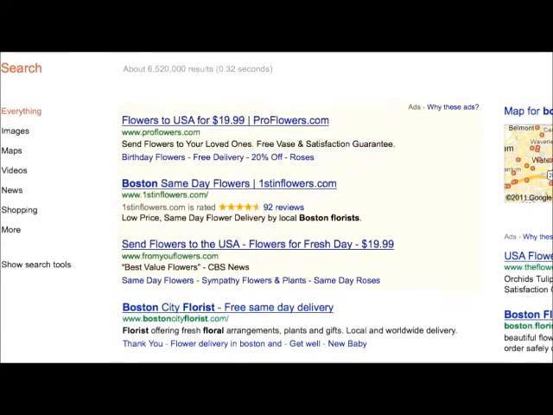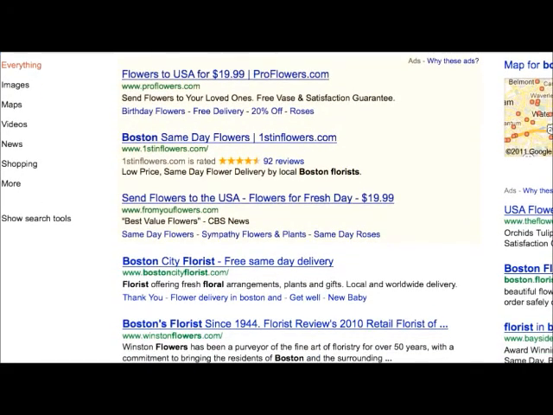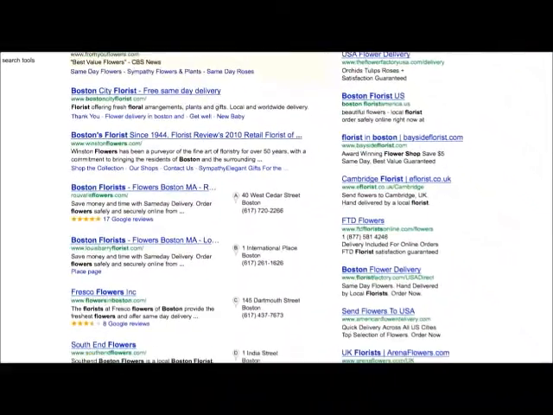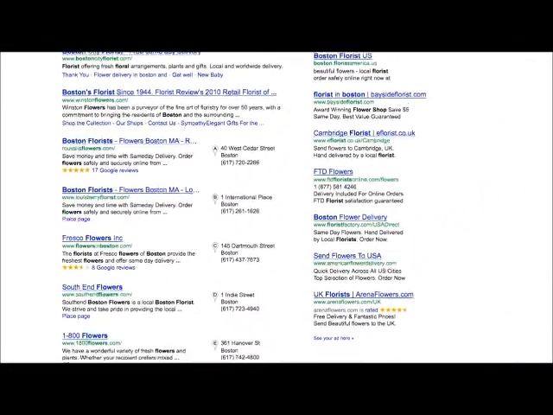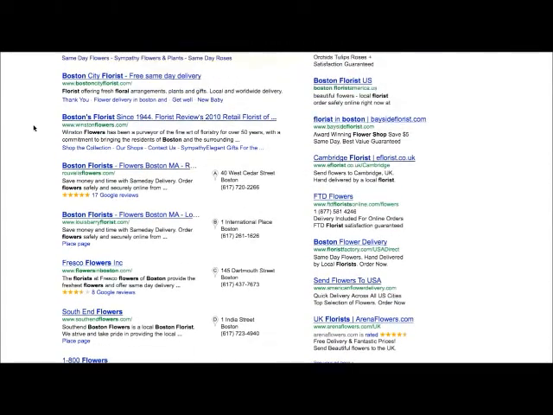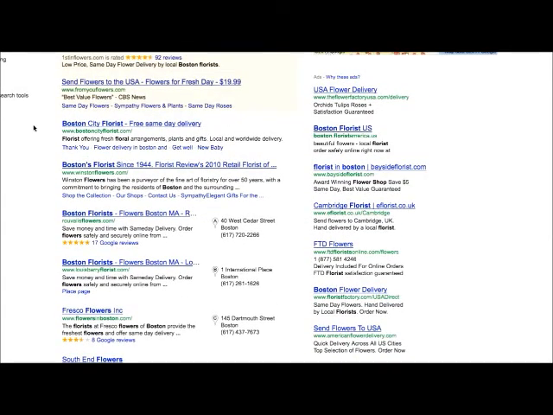But look at all of these businesses below. They are here because they have good SEO or keyword ratios. They've employed good practices when configuring their site and the text that lives on their site, and the Google search engine has read and indexed this information so that it can pass it on to the person who conducts this search.